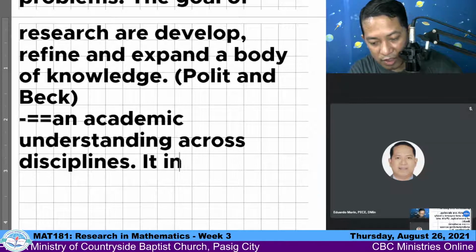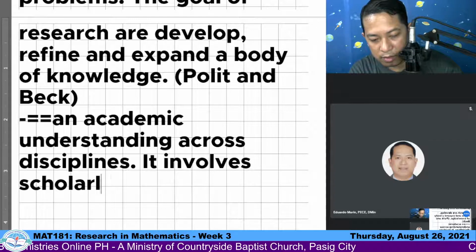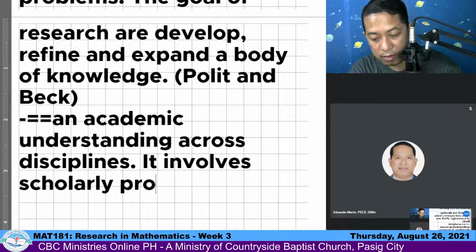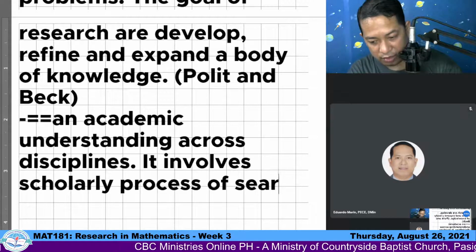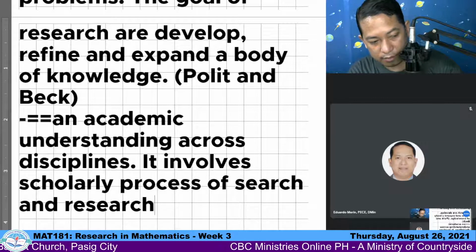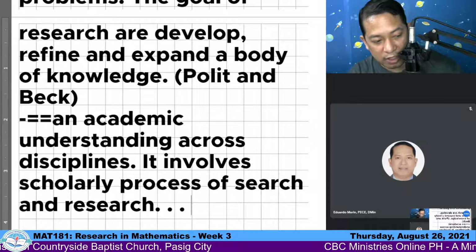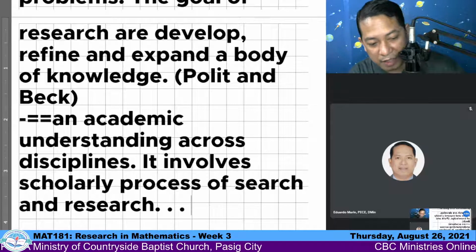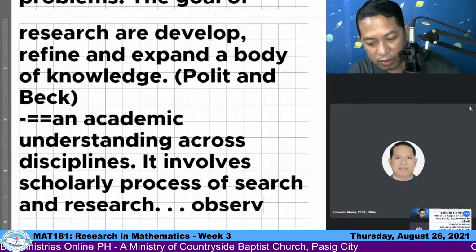It involves a scholarly process of search and research. It involves investigation, experimentation, observation, of course.